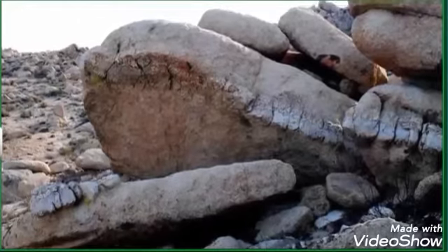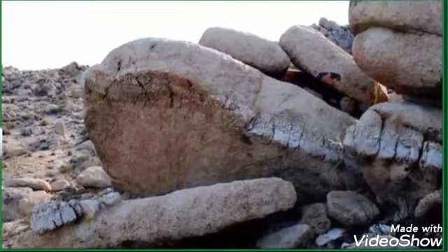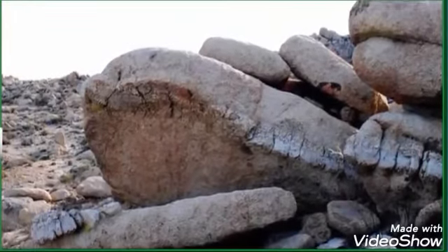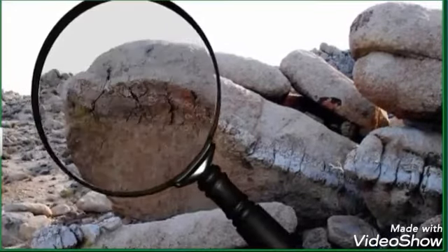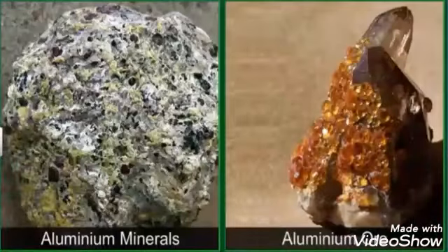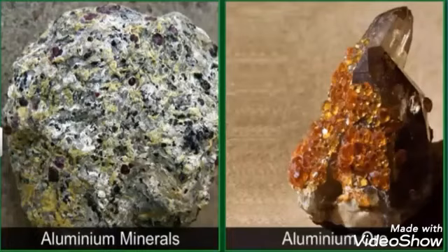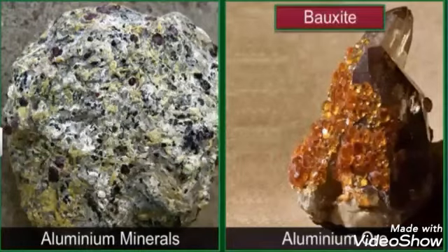If we start looking for minerals in the Earth's crust, we will find them in some very interesting formations. Let us take a look at some modes of occurrence of minerals. It is interesting to know that aluminium is found in around 150 known minerals, but only one of them, bauxite, is majorly used to extract aluminium.